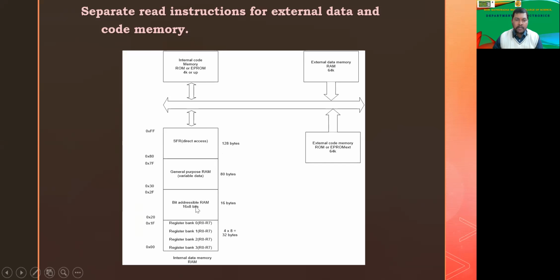Then we are having 16 bytes of 8-bit RAM. Then we are having general purpose RAM, that is variable RAM. Then SFR direct access, 128 bytes of memory again to store the data. So we are having this internal structure itself and some external memory which is to be connected to the microcontroller.